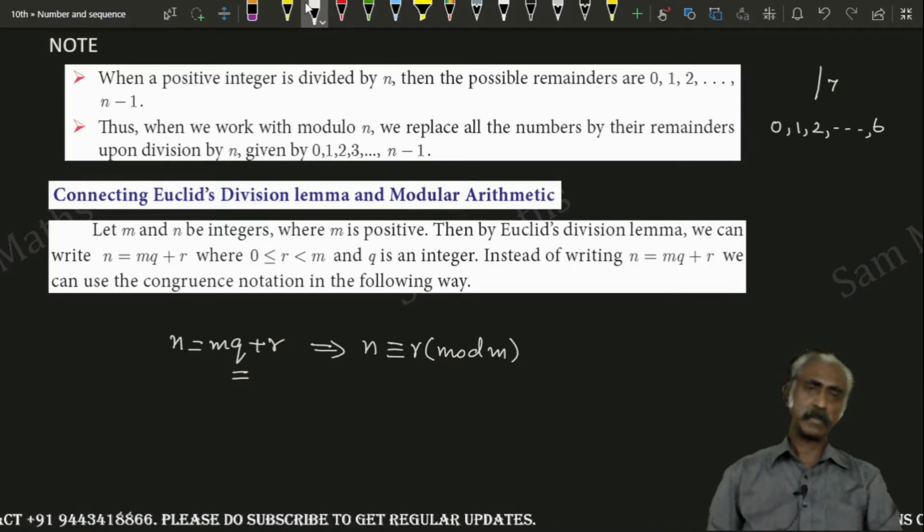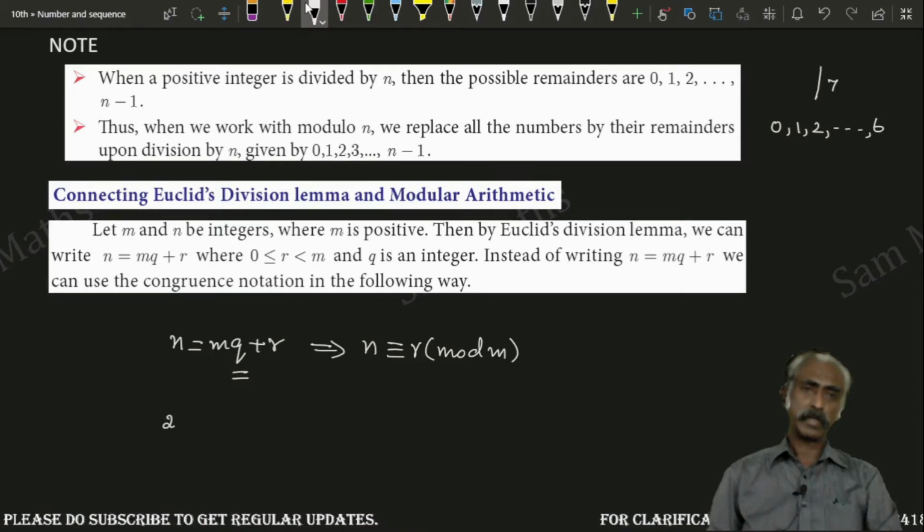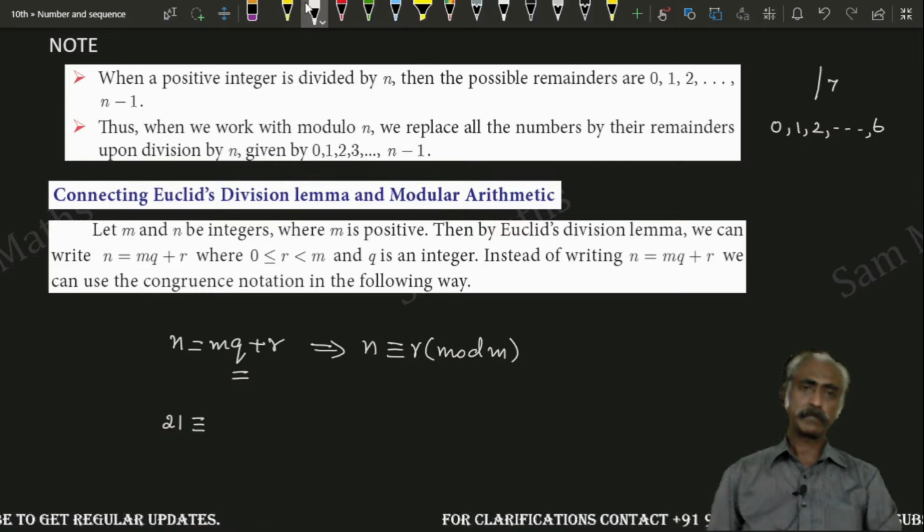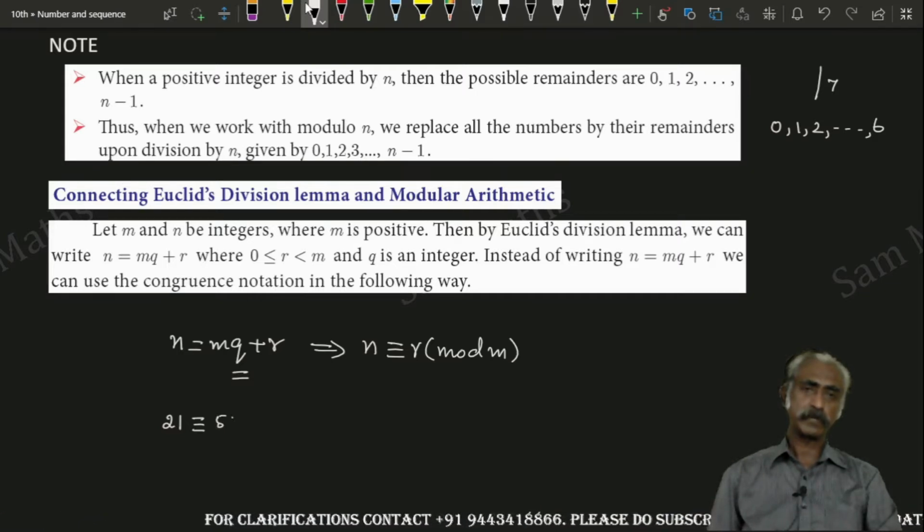So for example, suppose I am considering one number 21. I am dividing by 4. In that case, I will get 5 into 4 plus the remainder 1.